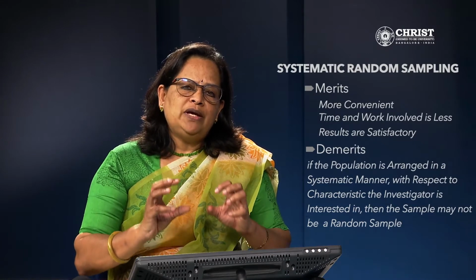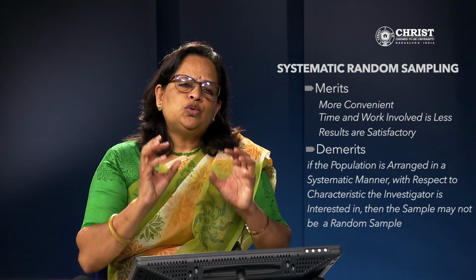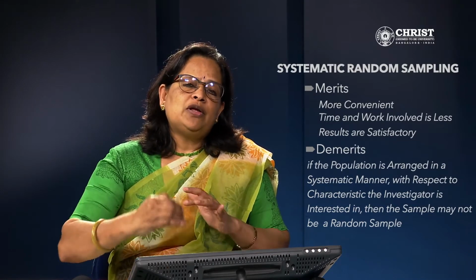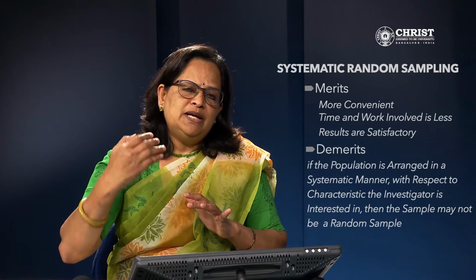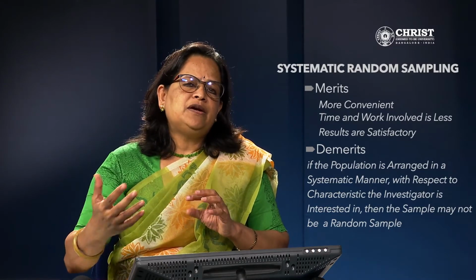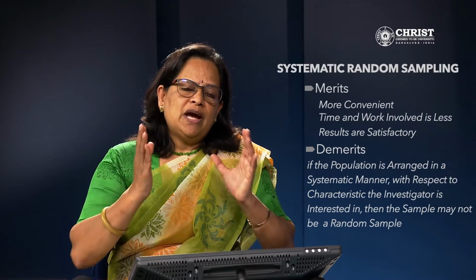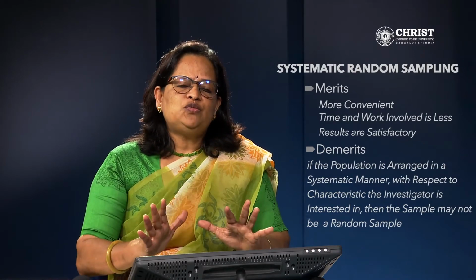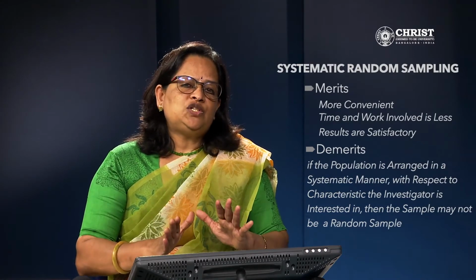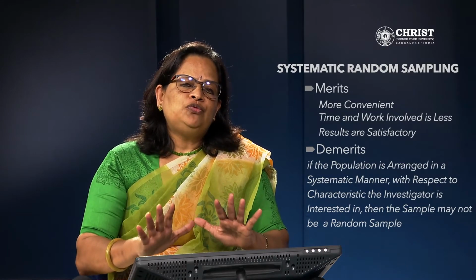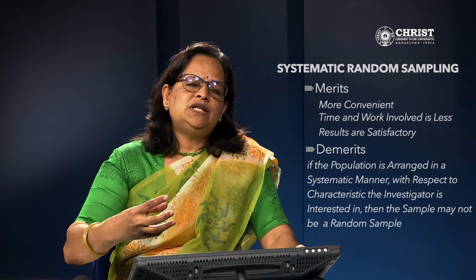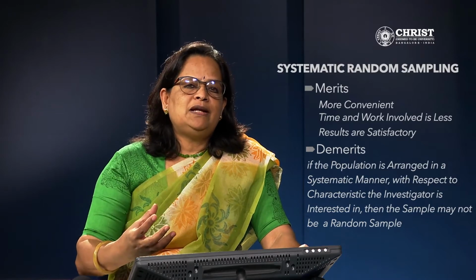So I include only those workers whose wages are very low. In an organization, there will be people getting middle income or high income, all these categories. But I want to prove that the wage structure is very low and not satisfactory, so I include only workers drawing very low salary. So this is the demerit.